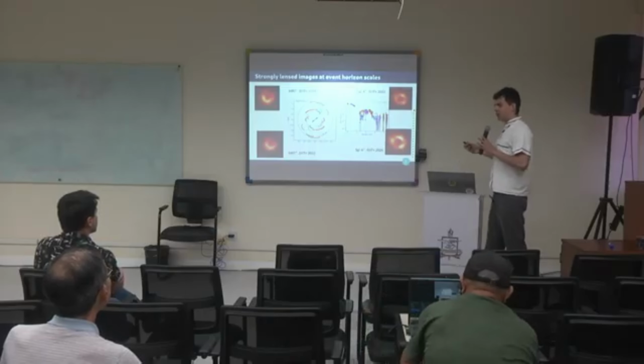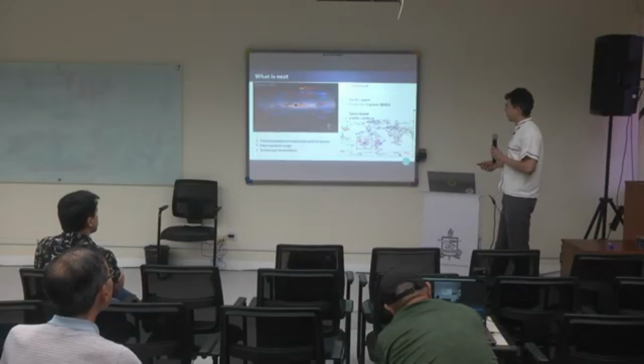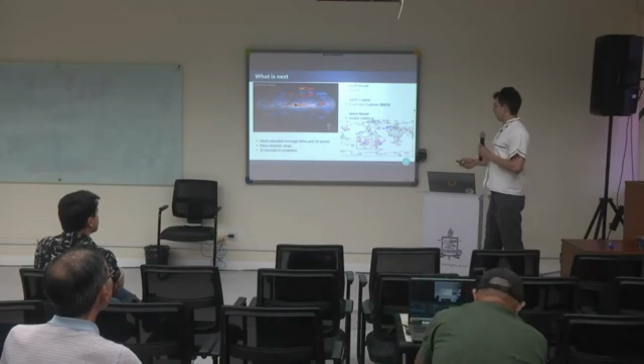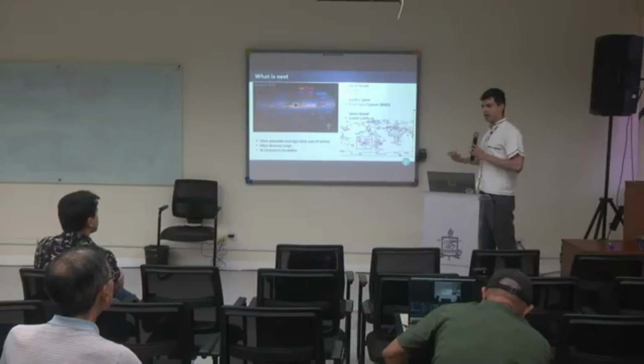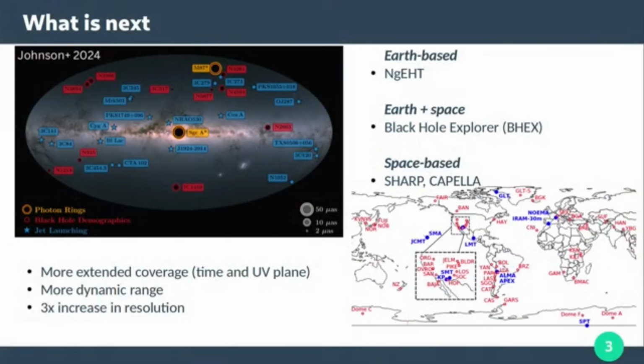However, the present is already very interesting, and the future also points to be extremely interesting. In addition to the existing network of the Event Horizon Telescope that has produced the images that I showed you, there are a set of ongoing or proposed projects that aim to extend this array in order to observe the same systems with more capabilities, or even be able to observe other new systems.